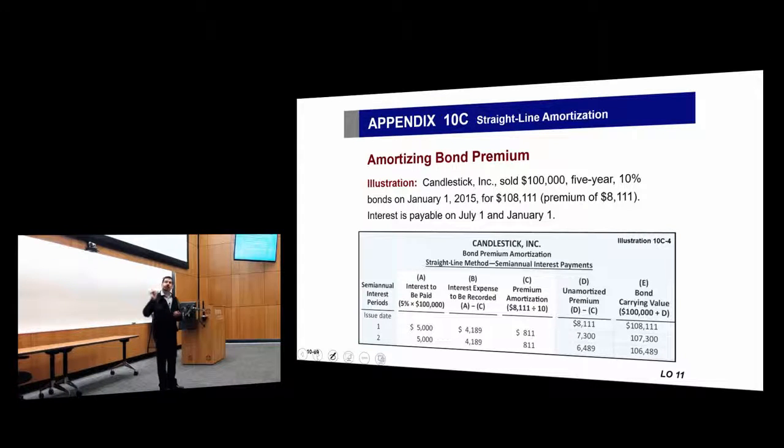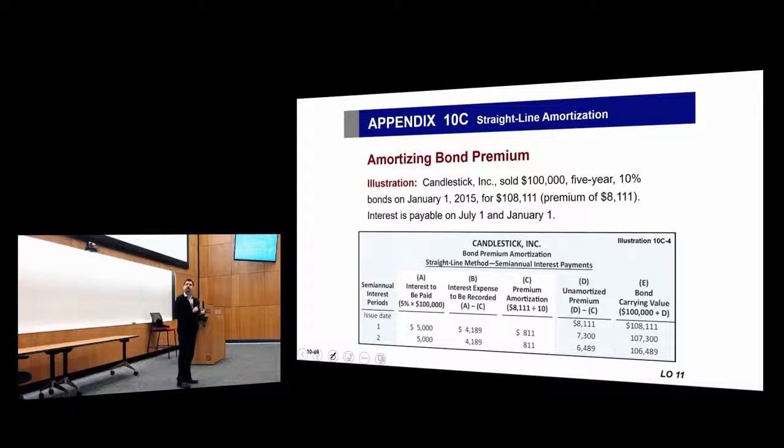As you can see, the carrying value will start high, and then it will start decreasing until it reaches face value at maturity. Once again, this is why the company, when they retire a bond at maturity, whether it was sold originally at a premium or at a discount, will always pay face value, because of the amortization of premium and of the discount.